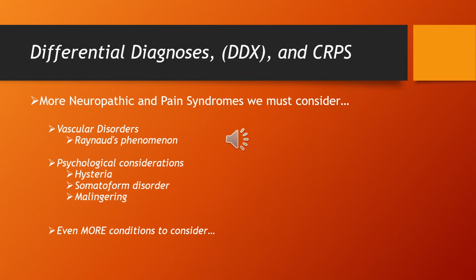Additional considerations are the vascular disorders, such as Raynaud's phenomenon. If you recall, that's a disease that's characterized by spasm of the arteries of an extremity, especially the fingers. So that's a situation you really need to take a close look at. Peripheral atherosclerotic disease, or PAD. That's characterized by a narrowing or a blockage of the arteries from the heart to the lower extremities.